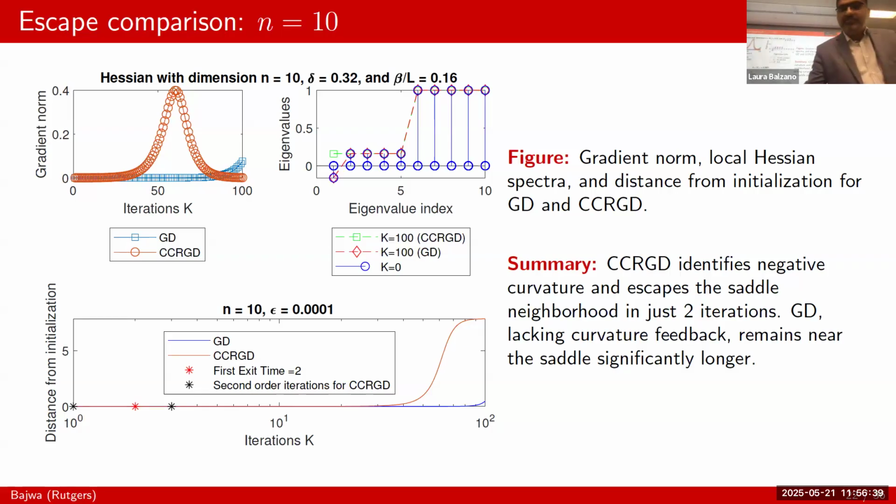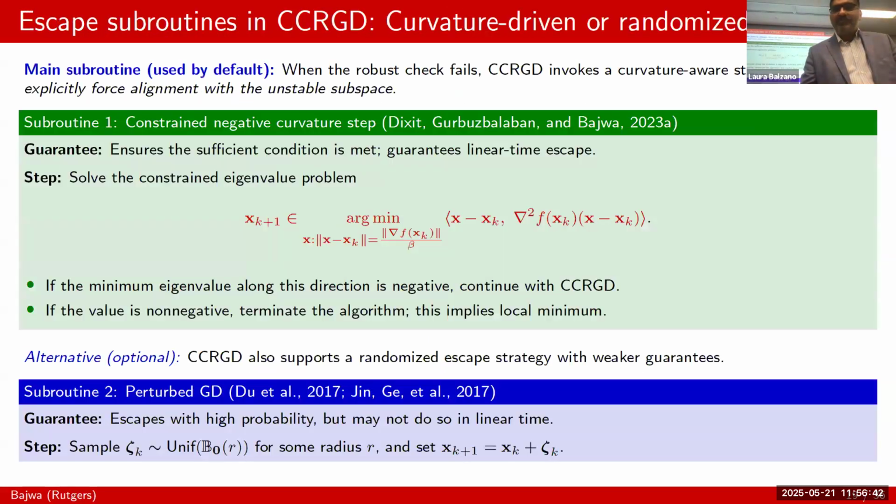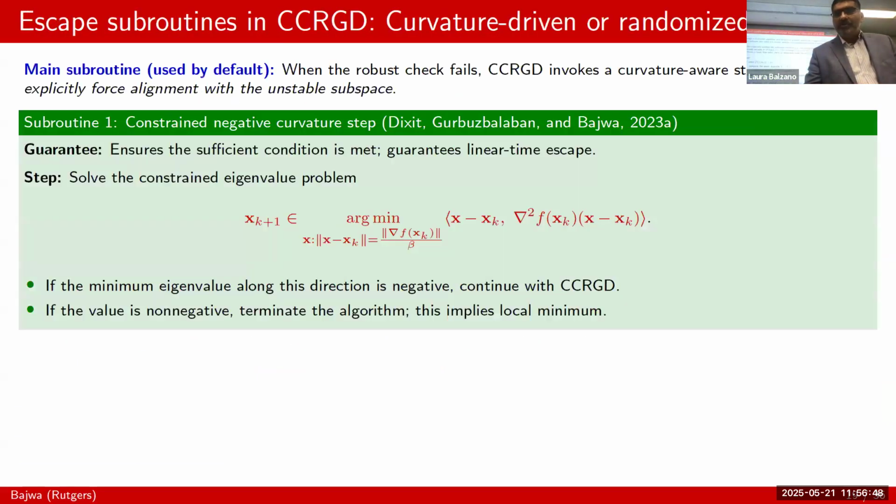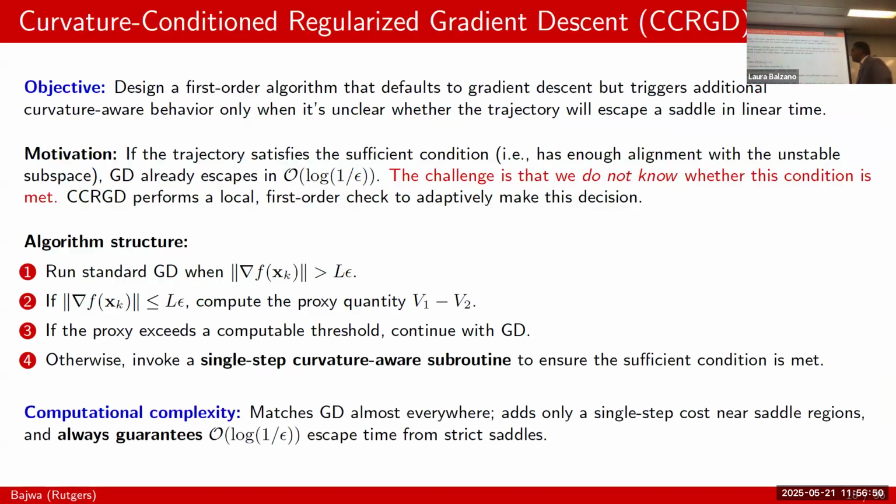No, this comes out of basically the analysis. Again, I didn't go into the details, but it comes out from the fact that we use it as a proxy for our projection, right? And how much projection you need to escape, that comes out from the analysis, the sufficient condition.